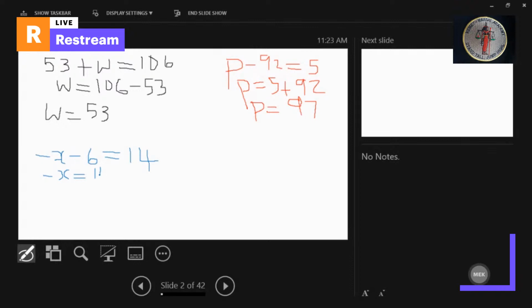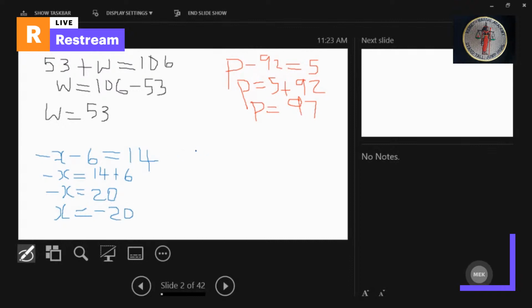So that is going to become positive 6. So we would have negative x is equal to 20. But we don't want a negative x, we want x. So to get rid of the negative sign, we're going to divide both sides by -1. So negative x divided by -1 would now give a positive x. And 20 divided by -1 will give a negative 20.